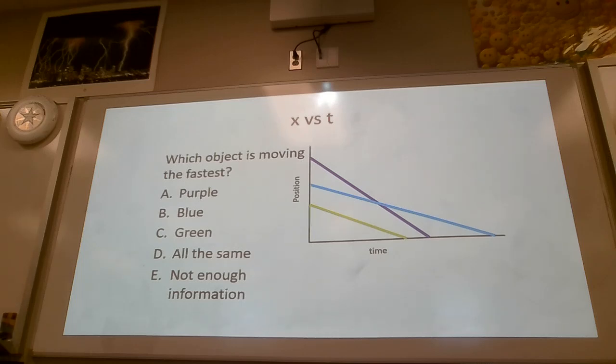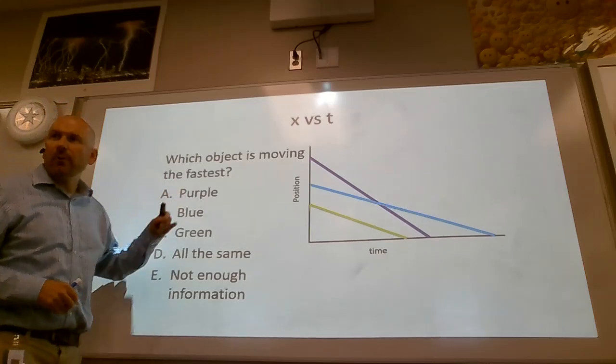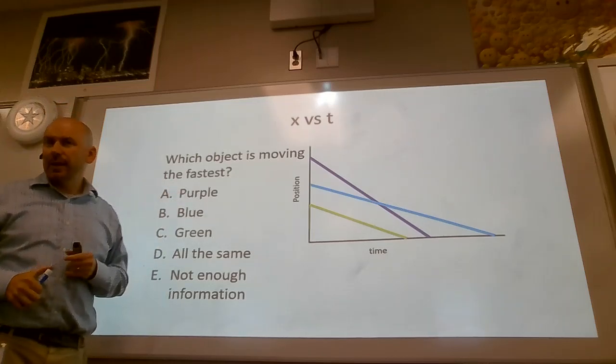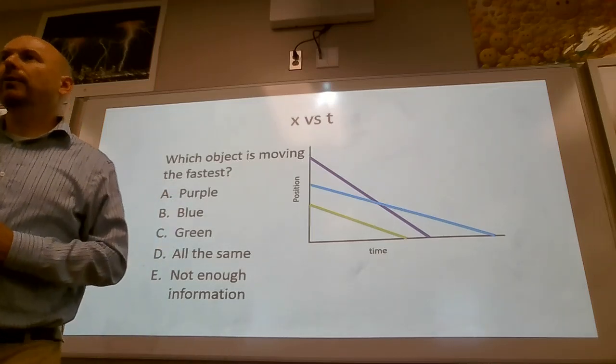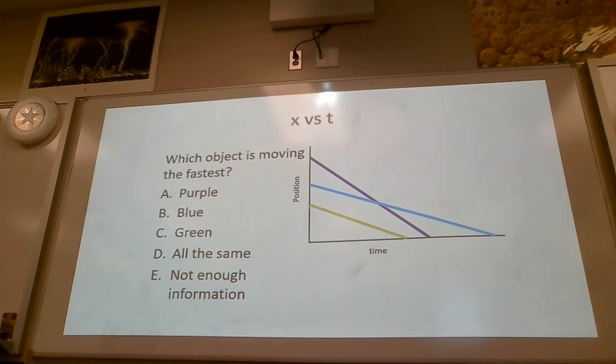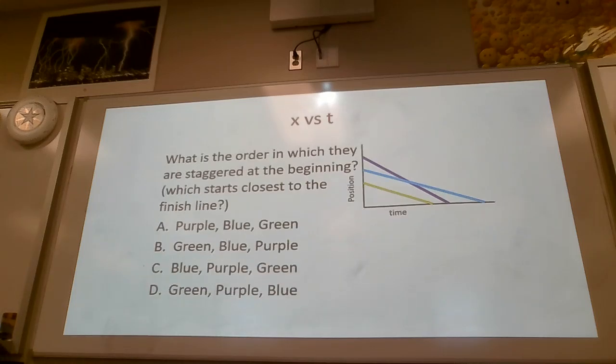Correct answer is A, purple. Why? Has the steepest slope. The rate of change of position is the fastest.